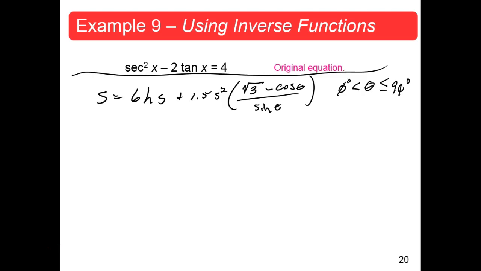1.5 S squared. I'm not going to tell you how they get this because it's really too complicated to figure. I'm not even sure I could figure it, but they're telling you this is it. So the 6HS is simply the rectangular part of all 6 of those sides, H times S. But then you take that S and you fiddle around with the sines and cosines of it, S squared.